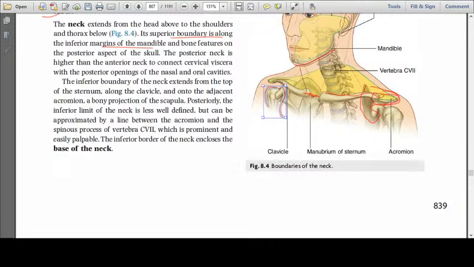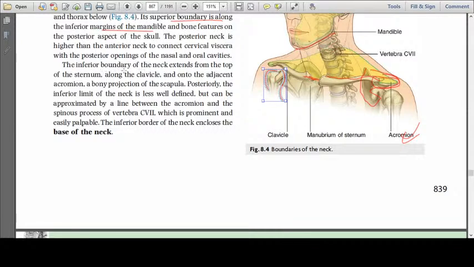So the neck ranges from the inferior part of the mandible down to the top of the sternum, the superior portion of the clavicle, and up to the acromion process of the scapula.